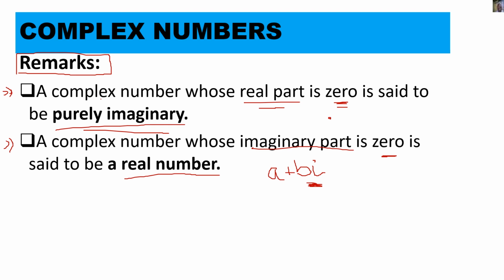If it is a plus 0, it is equal to a. So the complex number will be a plus 0. This is equal to a. So this complex number contains the real part only. So this number is known as a real number.